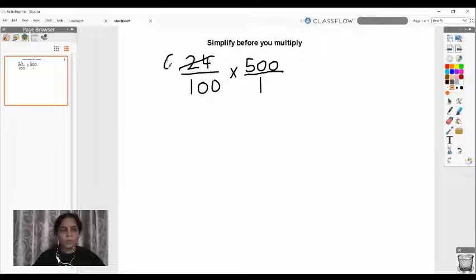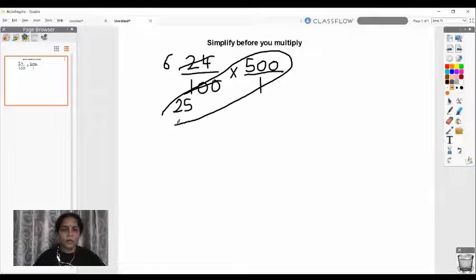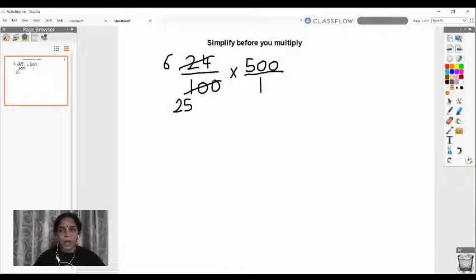Table of 4 means 4 times 6 and 4 times 25. Of course, this is correct. It's not wrong. Later on, the 6 and the 25, you can't do anything about it. So you will have to pair the 25 and the 500. But the problem is, instead of simplifying, you're complicating the calculation.